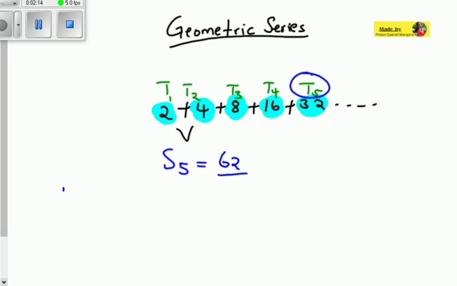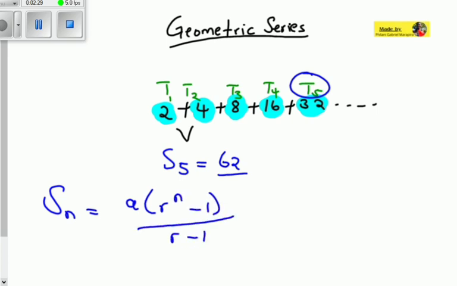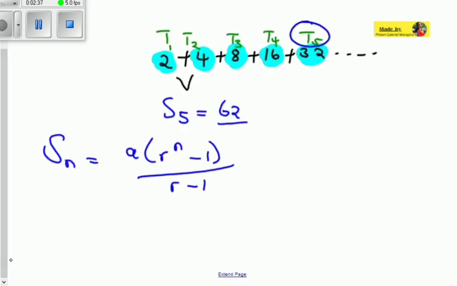The formula states that the sum of terms is equal to the first term multiplied by the ratio to the power of the number of terms minus 1, over the ratio minus 1. You can use this formula to calculate the sum of a certain number of terms.